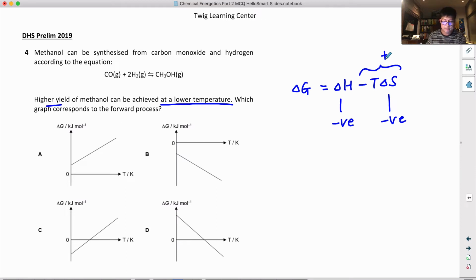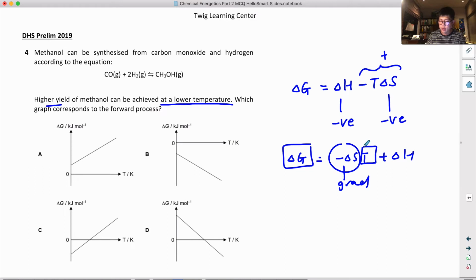Okay, let's look at the next part. You can see that the graph is plotted change in G versus T. So I'm going to rewrite it in this way. Minus change in S is actually your gradient, since you're plotting change in G versus T. It's like y equals mx plus c, and change in H is actually your y-intercept.